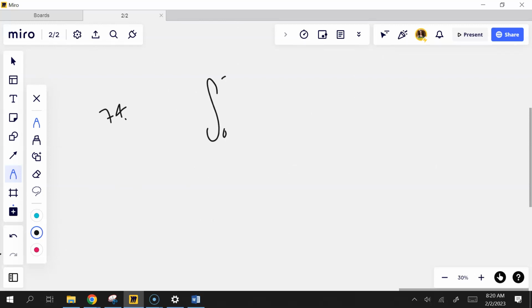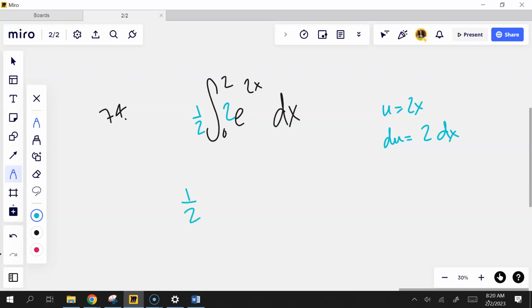Alright, so from 0 to 2, e to the 2x dx. I think we should let u be 2x, which means du is 2 dx. So I need a 2, I need a 1/2. I have 1/2 times the integral of e to the u du, and I'm going to adjust those bounds.